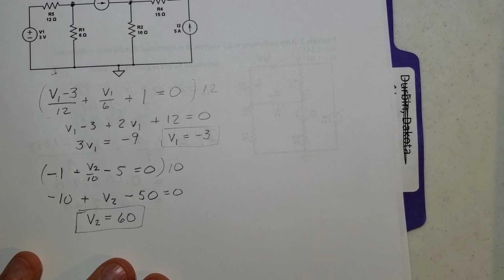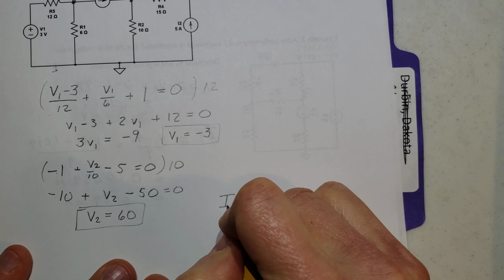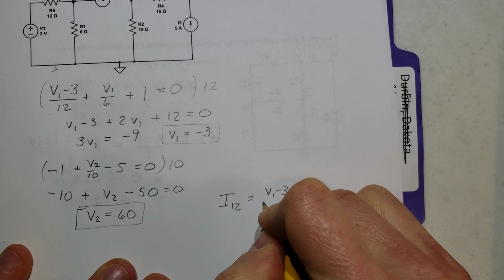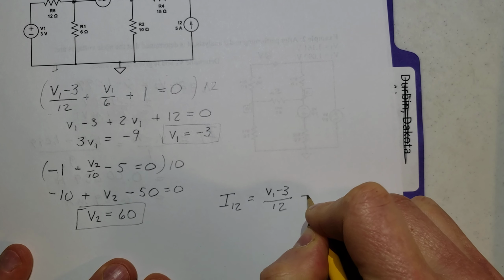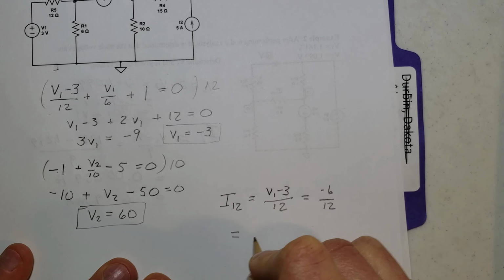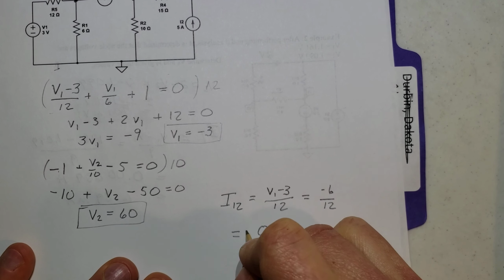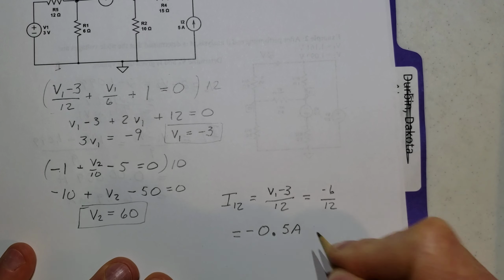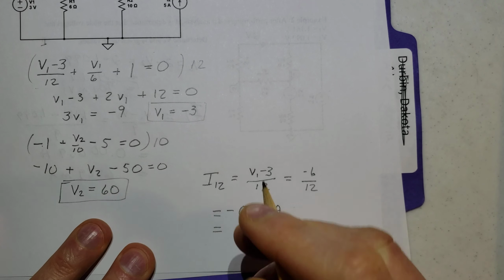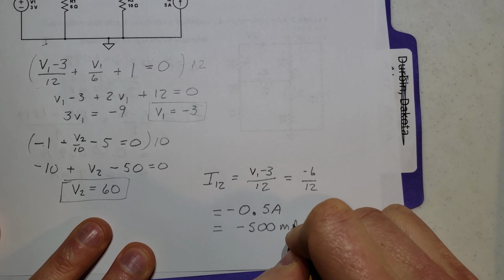When we solve for the quantity that's being asked for, then, we just say that I-12 is equal to V1 minus 3 over 12, and that is equal to minus 6 over 12, which is equal to minus 0.5 amps. And then in engineering notation, we would put that as minus 500 milliamps.